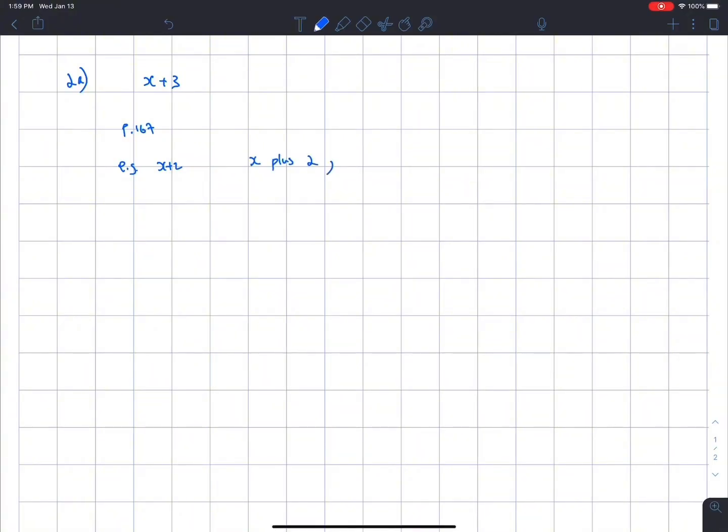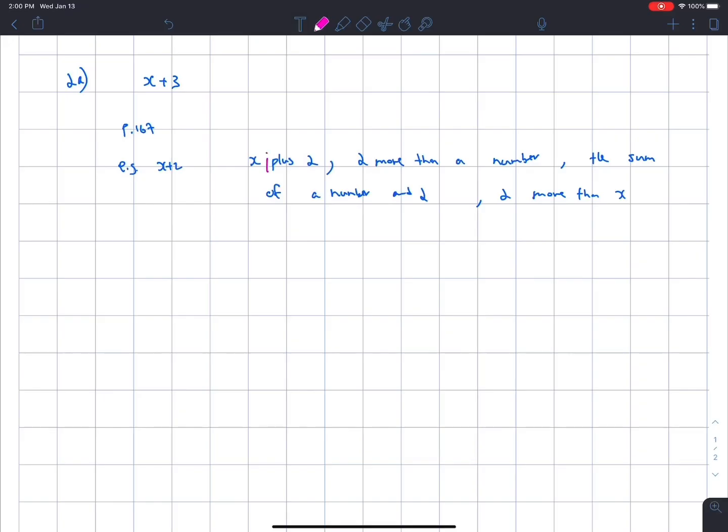It can also be 2 more than a number, the sum of a number and 2, and 2 more than x. So these are all ways that we can use to describe addition.